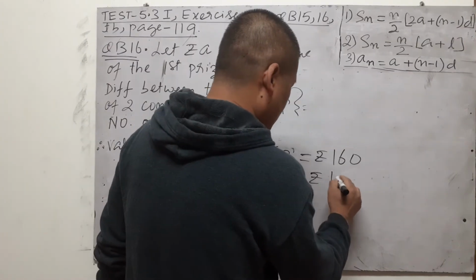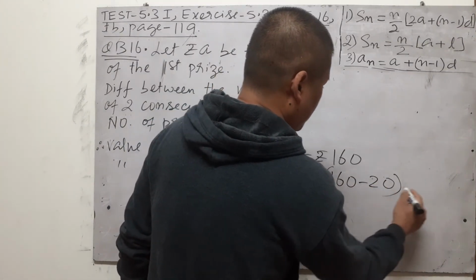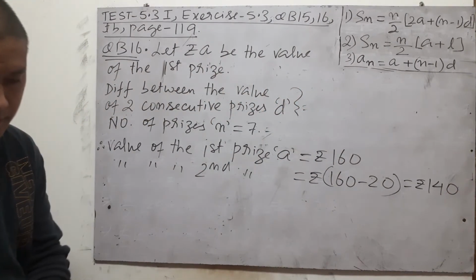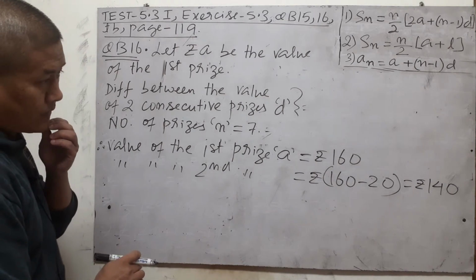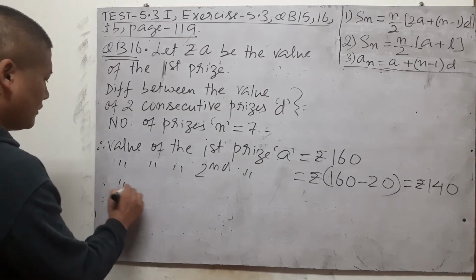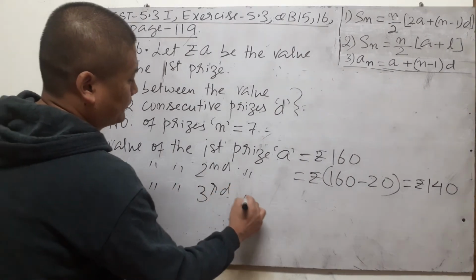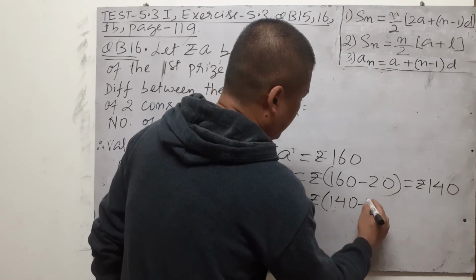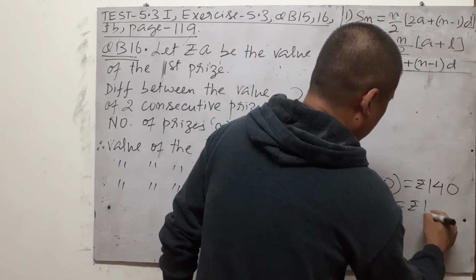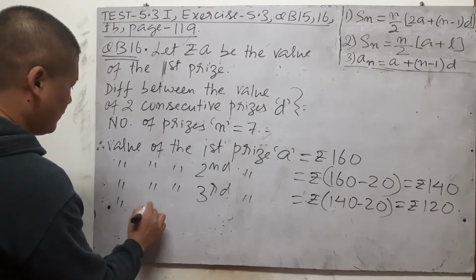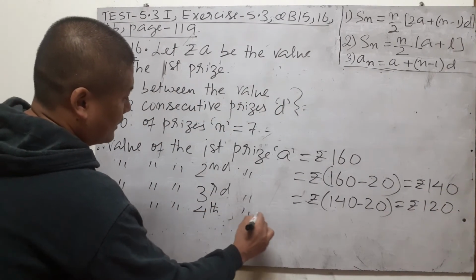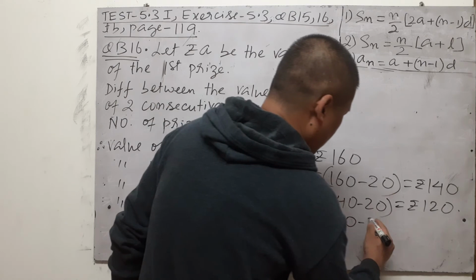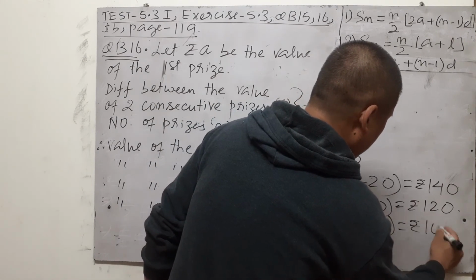So 160 minus 20, the common difference, is rupees 140. Likewise, the third prize is 140 minus 20, rupees 120. The fourth prize is 120 minus 20, so that is rupees 100.